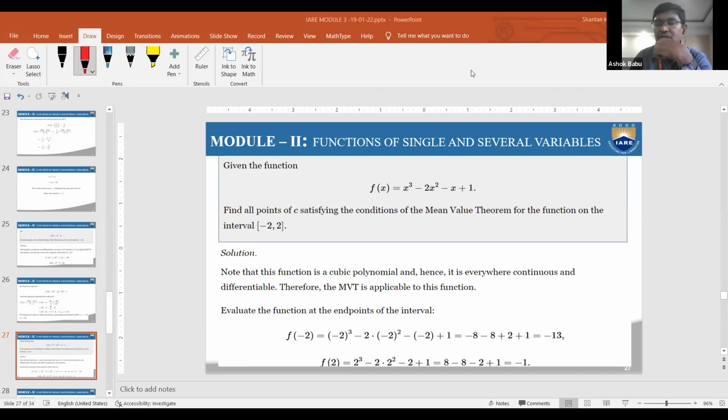Tell me what is the solution of this one? Make it fast. Already half of the part is completed, f of a and f of b. The only remaining part is f dash of c is equal to.